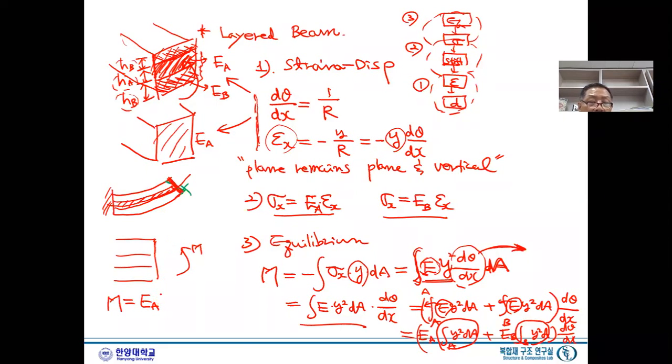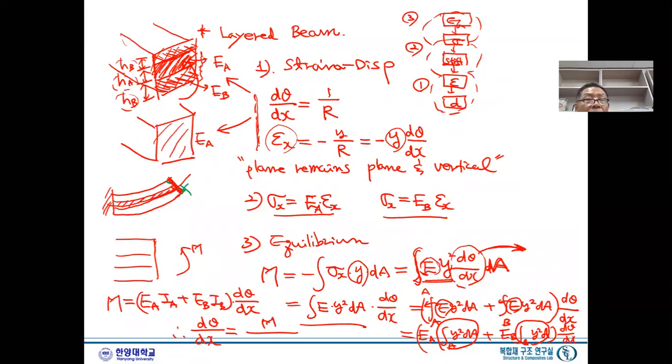So EA, I will call IA, plus EB, IB, and d theta dx. Okay, so you can say d theta dx is simply moment divided by EA IA plus EB IB.